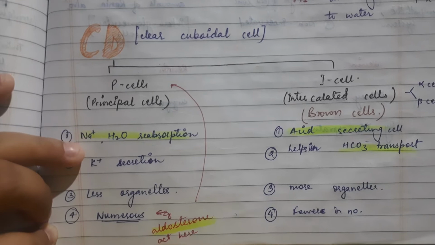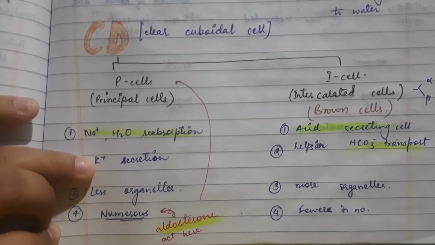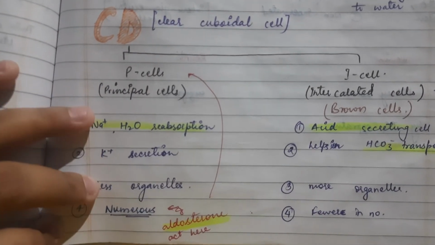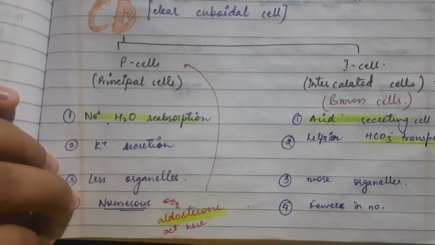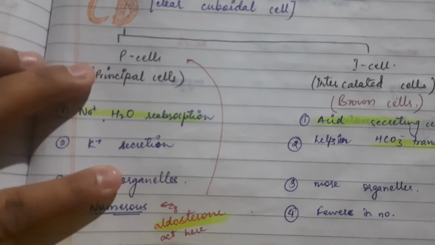In P cells there is reabsorption of sodium and water, which increases BP, and potassium secretion, because sodium is absorbed. Fewer organelles are present, but they are numerous in number. Aldosterone acts here on P cells.